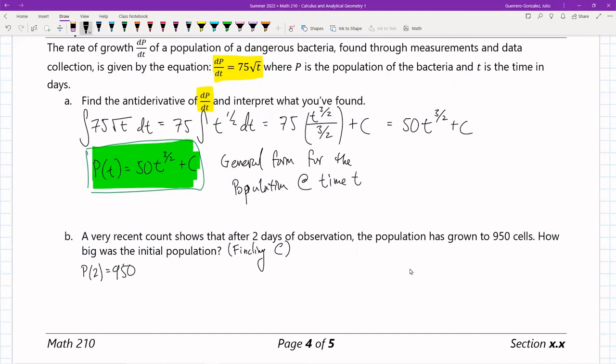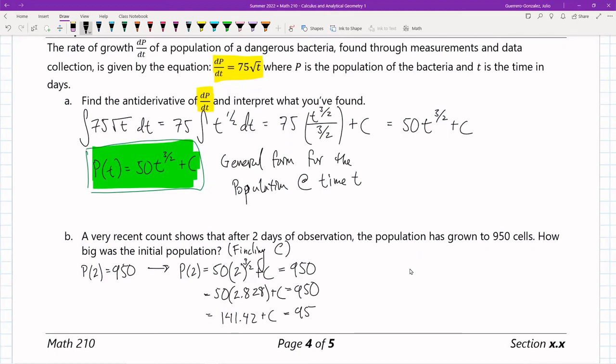We get to now use this to solve for the C. So this means P of 2 is equal to 50 times 2 to the 3/2, plus C, which has got to be equal to 950. 50 times 2 to the 3/2 is 2.828, so 141.42 plus C has to be equal to 950.